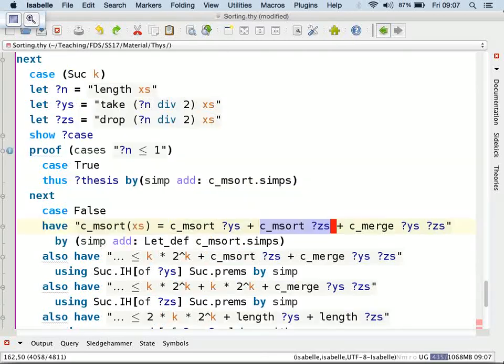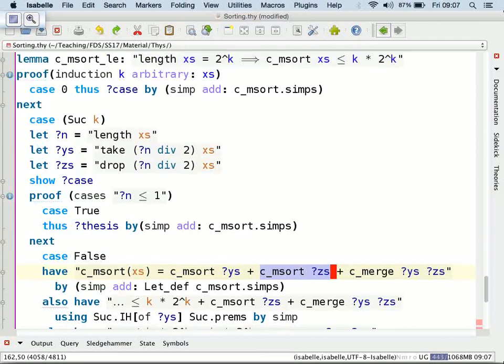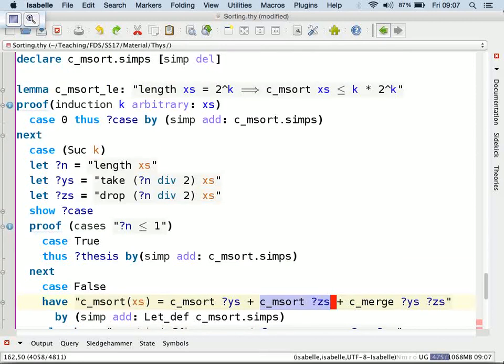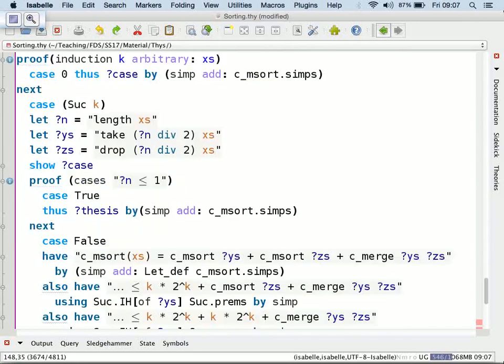Why? Because we're doing the induction on k. This is what we're doing the induction on, and k is used here with the assumption that the length of xs is 2 to the k. So if we halve the list, then of course it'll just be 2 to the k with one smaller k.